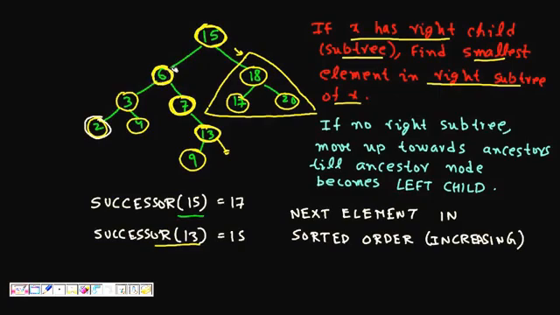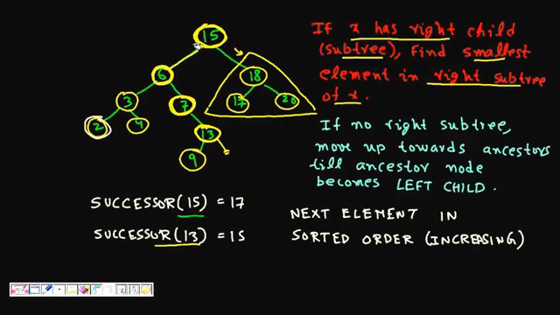Now 6 is the left child of 15. It means 6 will be less than or equal to its parent. So I have found one node, 15, which is now greater than 6, and in fact it will be greater than any of the children of 6, because 6 is the left child of 15.